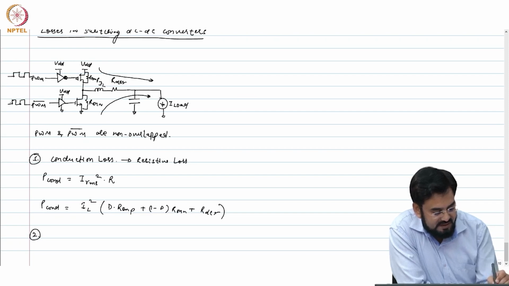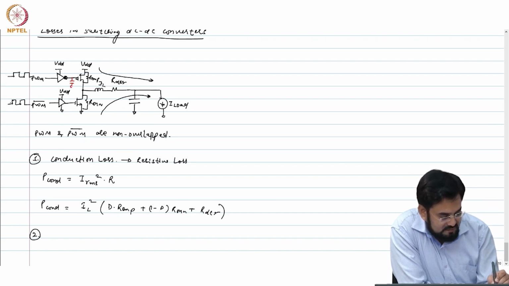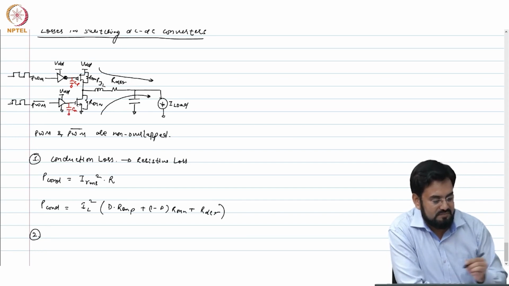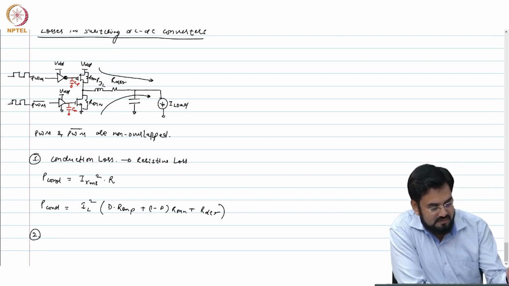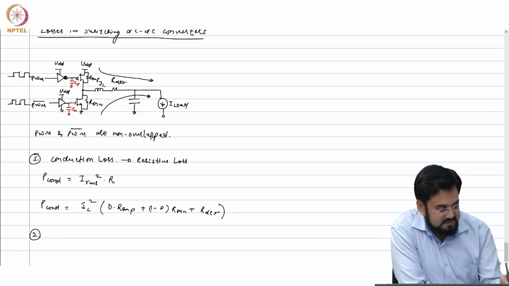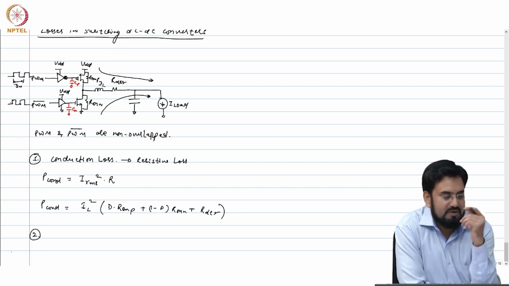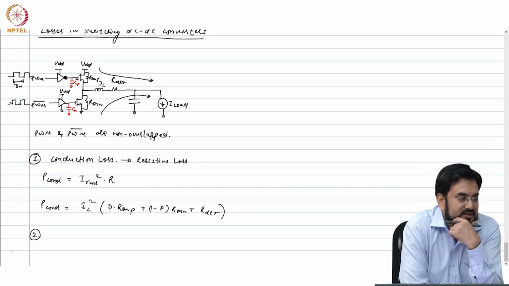So let's say this has a gate capacitance CP, and this is a period of TS. So what is the loss due to this switching? The gate.